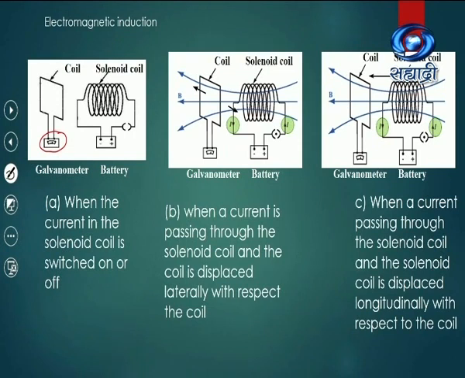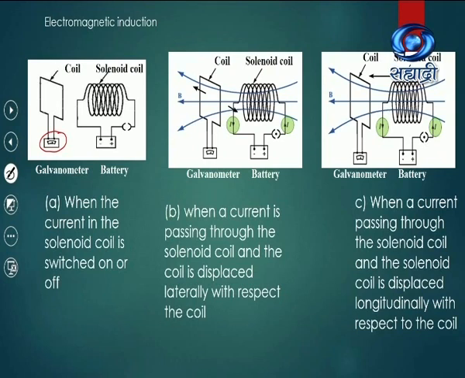In second figure B, when the electric current is flowing through the solenoid coil and solenoid coil is displaced with respect to the coil, the current is still produced in the coil. So we can infer from this experiment that even if the solenoid is kept stationary, a change in current in a solenoid produces current in the coil.